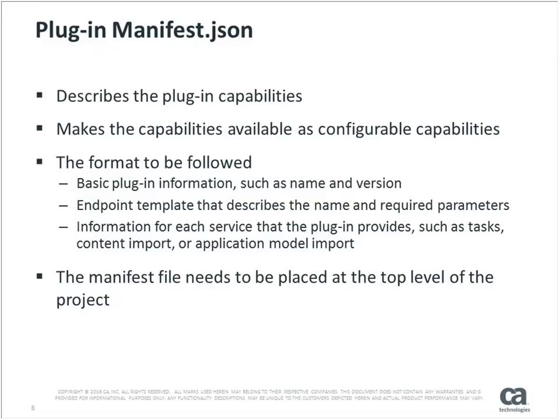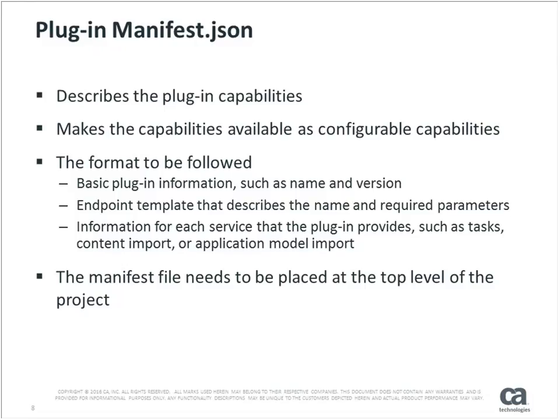It also tells you what capabilities are configurable, if there are any. The format you follow is basically you have the basic plugin information, such as the name and the version. You include the endpoint templates, which describe the name and the required parameters. And then you include information for each of the services that the plugin provides. For example, most of you that are doing this are going to be doing mostly tasks, and maybe some content import.